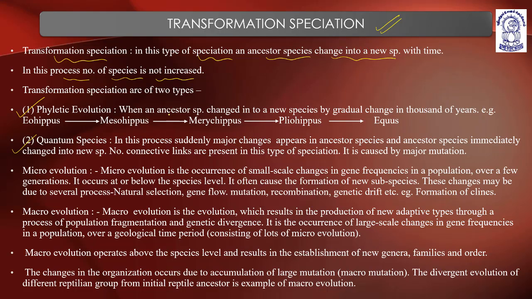Phyletic evolution means when an ancestor species changes into a new species by gradual change over thousands of years. It is the normal course of evolution, like the formation of Equus, the normal horse: Eohippus to Mesohippus, Mesohippus to Merychippus, Merychippus to Pliohippus. They are basically forming in different eras, and the final is Equus, today's horse.